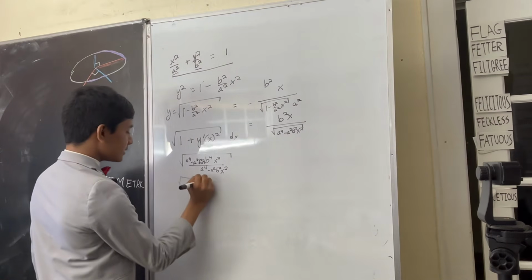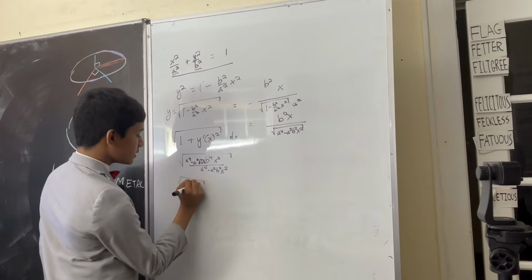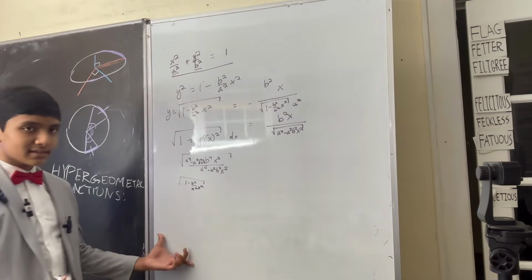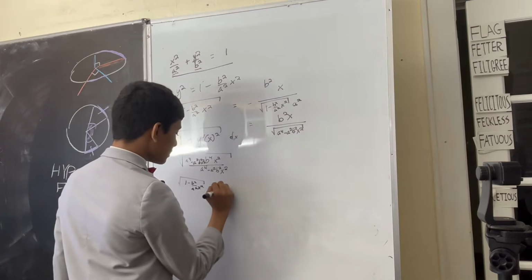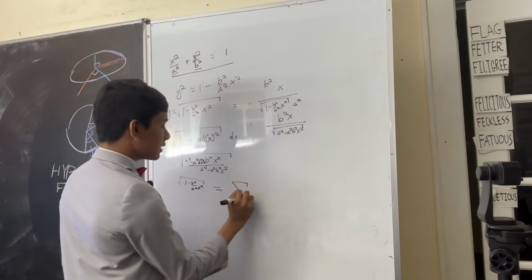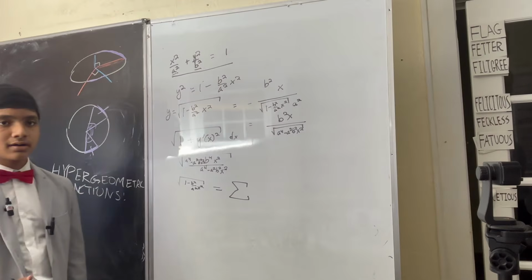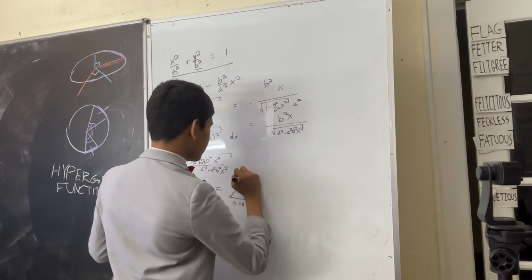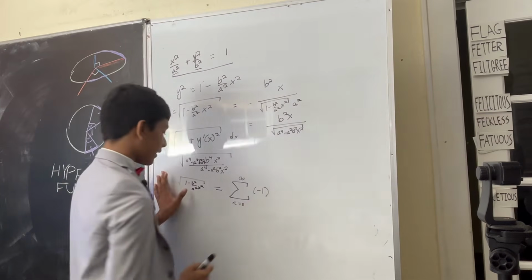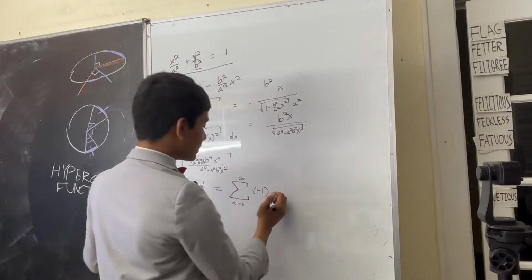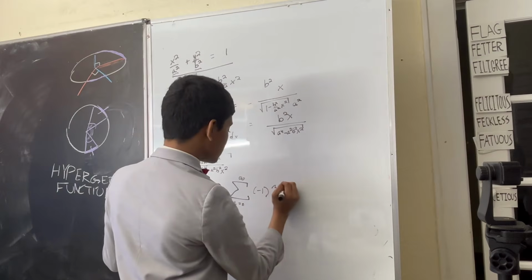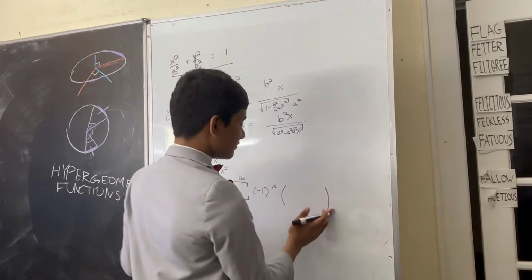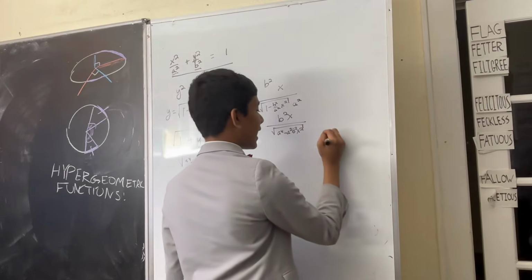is take this square root of 1 minus b squared over a squared x squared term and expand it using the generalized binomial formula. And what we get is the sum from n equals 0 to infinity. When you have that minus there, this is going to be minus 1 to the n multiplied by the factorial for 1/2.